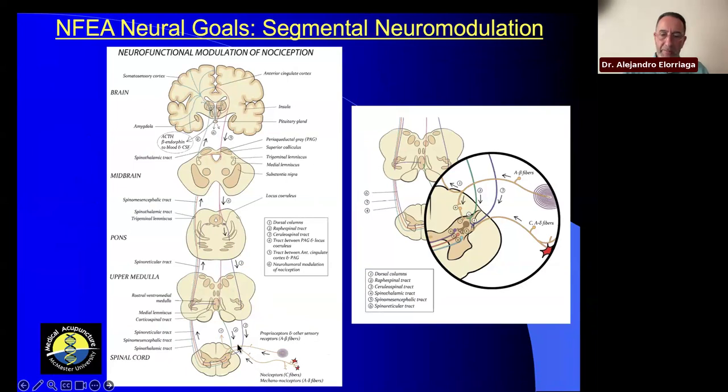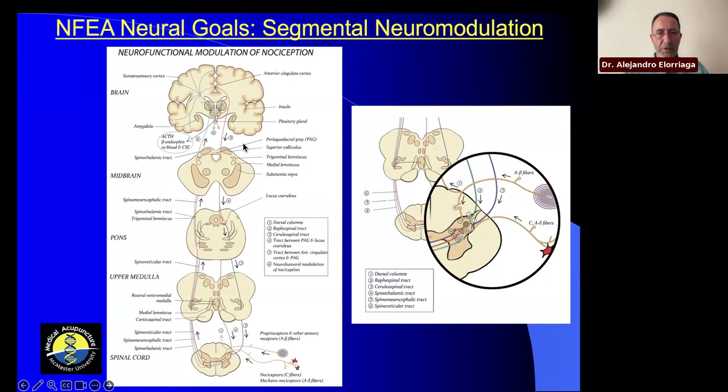The local peripheral segmental level, the spinal segmental level, which could be dermatomal level, myotomal level, sclerotomal level, or visceral innervation, or sympathetic vascular reflex level.